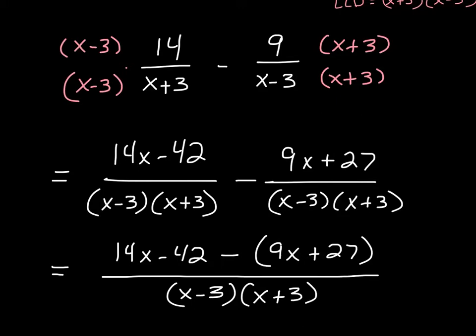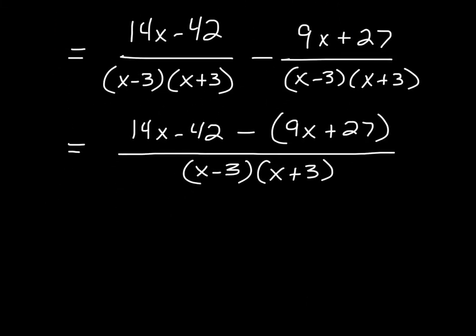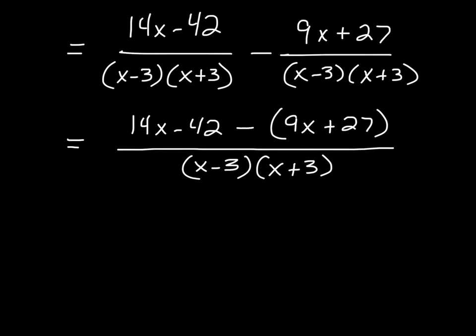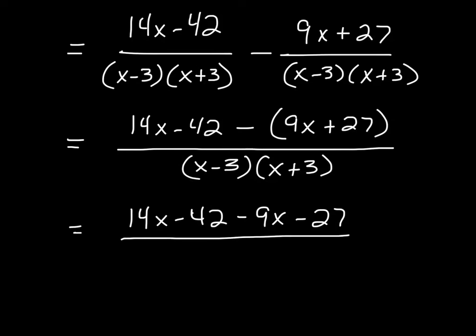And what we're going to do now is simply combine like terms, distribute the negative in the numerator. So that move was just distributing the negative.